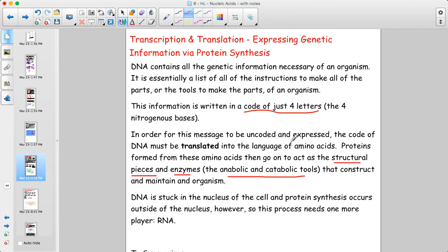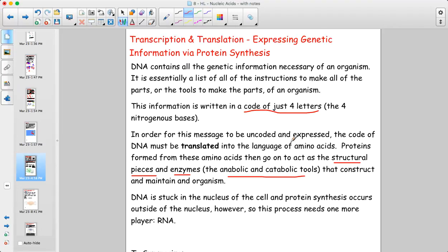So it's sort of like if you had a gigantic encyclopedia that was written in this code of 4 letters, and then you'd have different sections of that book, like different chapters, that would tell you how to build things, and what the code had written in letters could then get translated into actually constructing something. So maybe it's a giant IKEA manual that tells you how to build every single IKEA piece of furniture.